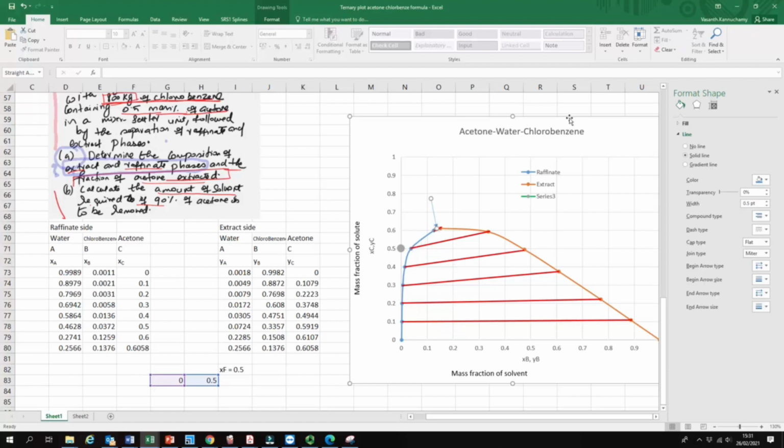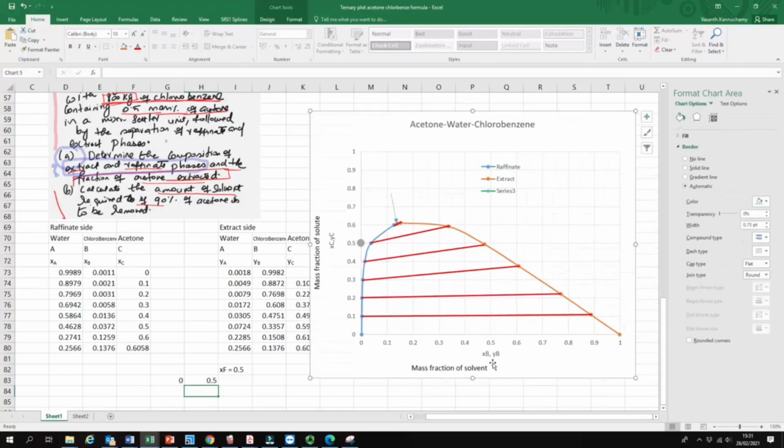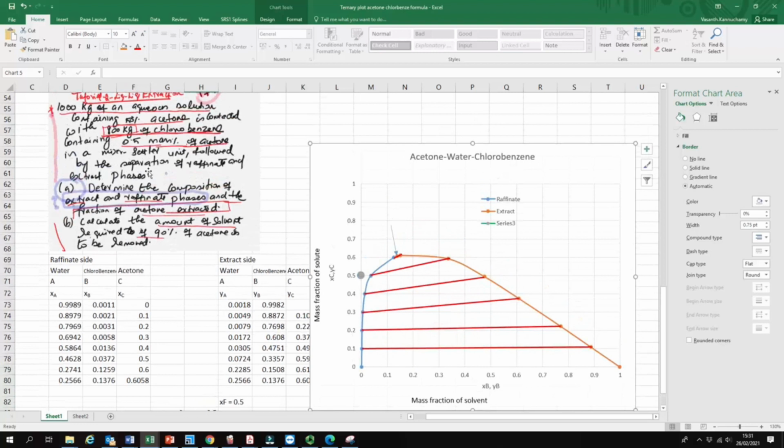And then what we need to do now is find where our solvent is. If you read the problem, we have 800 kg of chlorobenzene. So that's our solvent. It contains 0.5% of acetone. So what does that mean?